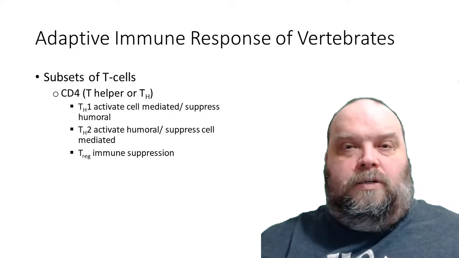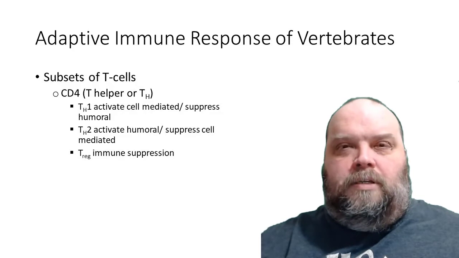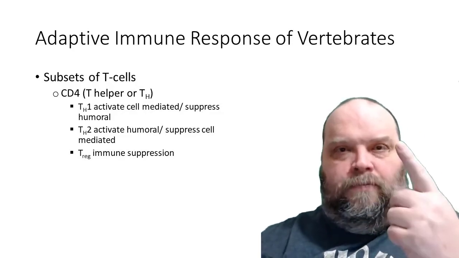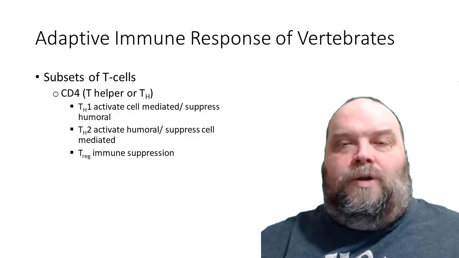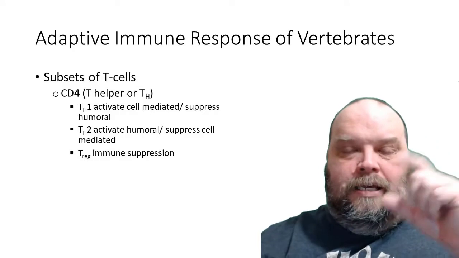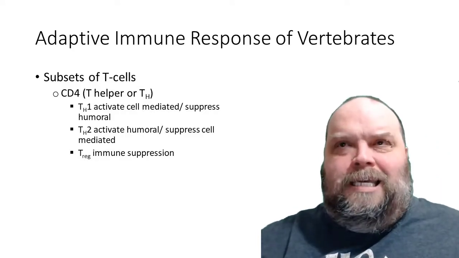The T cells come in two broad categories. First category, CD4, also known as the T helper or T subset H cells. Why do they call it CD4?